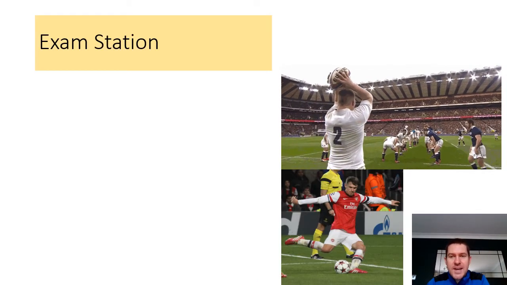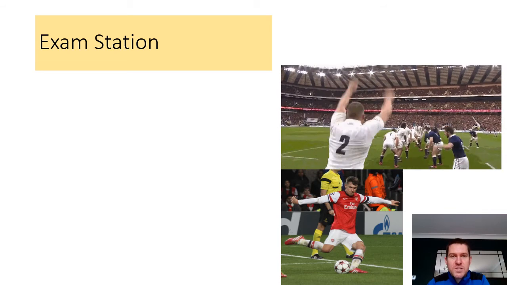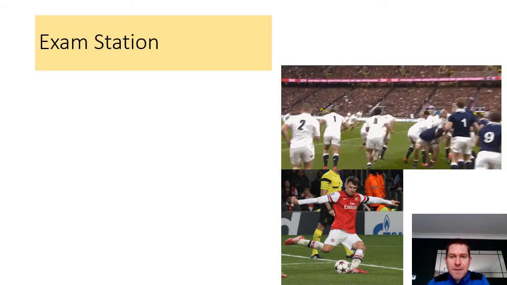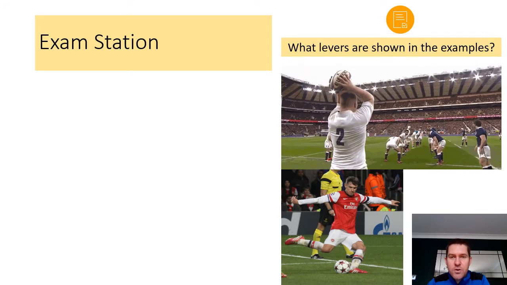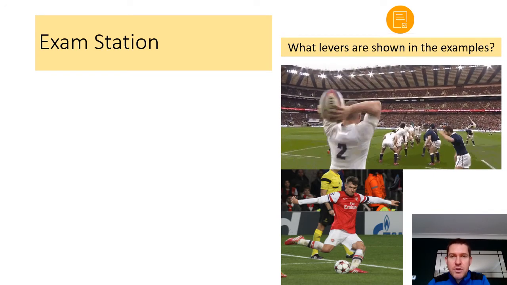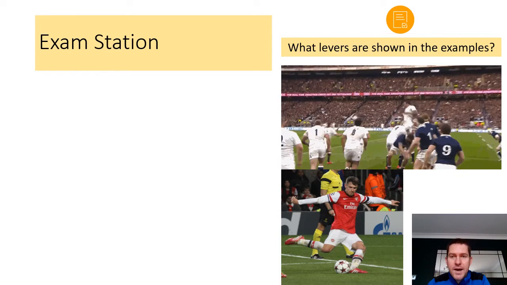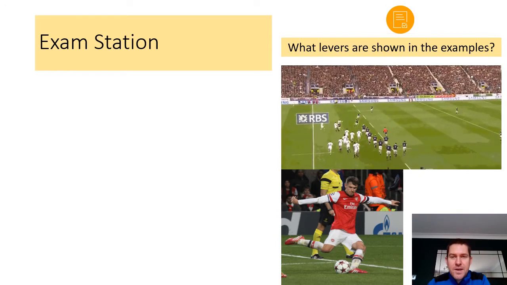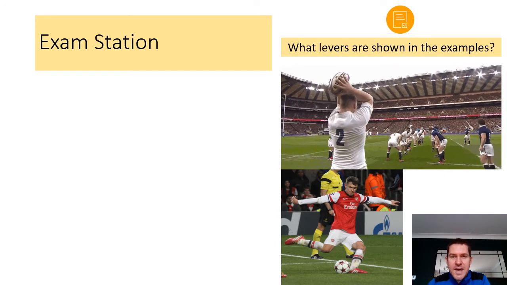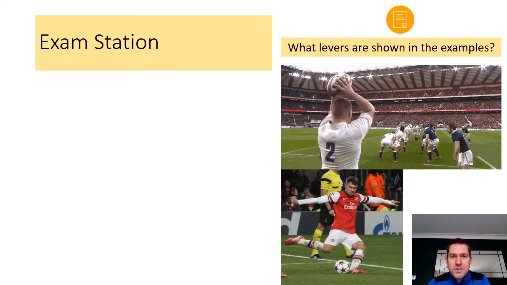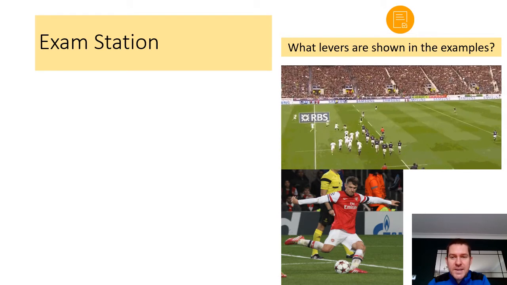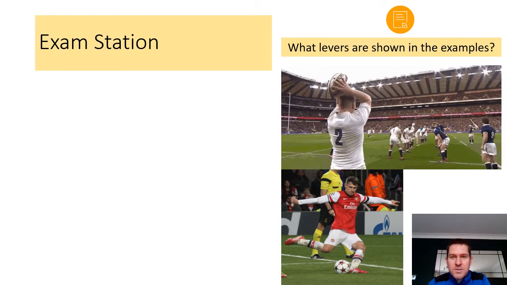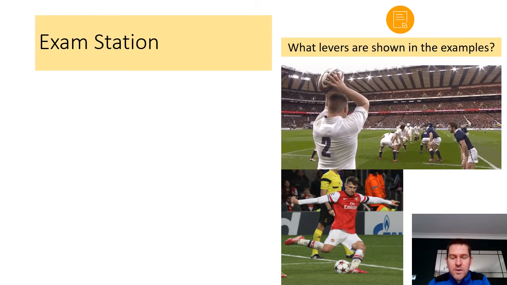Okay, so let's now try and apply this to some sporting examples that might come up in the exam. Let's look at these two here. You can see the hooker, number 2, looking to throw the ball in towards the line out. I want you to focus on that movement where he releases the ball, the extension phase at the elbow. What lever is being shown there?